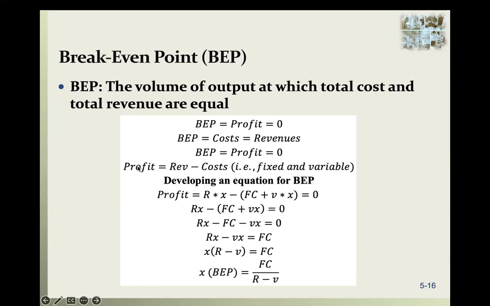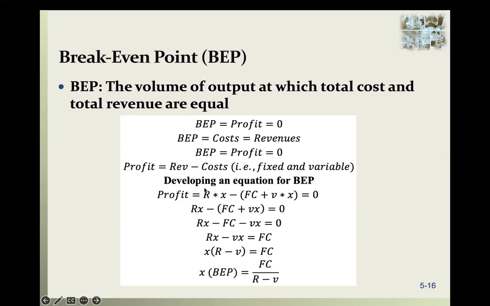And what's the equation for profit? The equation for profit is revenue minus cost. And again, by cost, we mean fixed and variable cost together. And variable cost must be multiplied by quantity. So if I put them in a mathematical equation or model, it would be: profit is equal to revenue from 1 unit multiplied by the number of units you are selling.